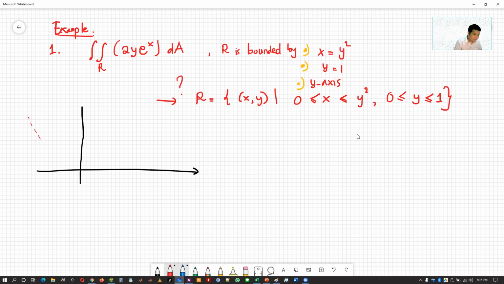Okay, we first draw it here. Y is 1 is this one, and then the y-axis is this one.